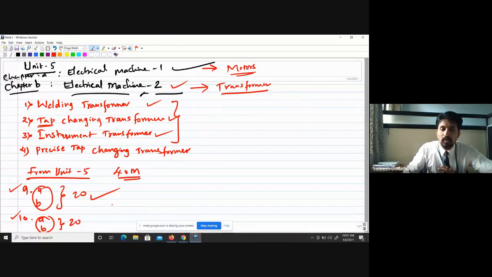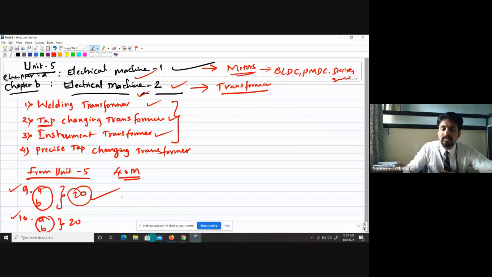It is left to you which chapter you select, electrical machine 1 or electrical machine 2, as both chapters are very easy. For the motors, BLDC, permanent magnet DC motor, stepper motor and servo motor, 20 marks will be asked.